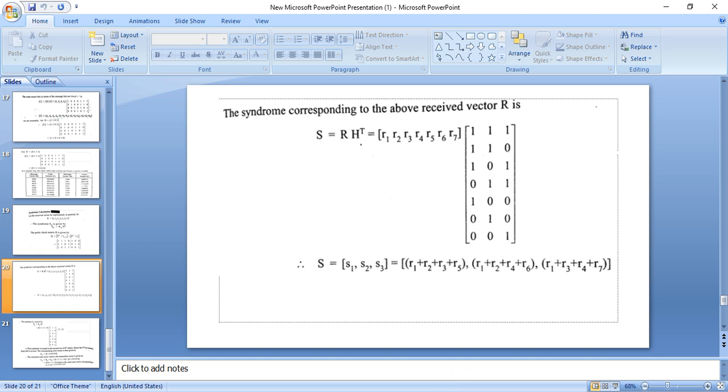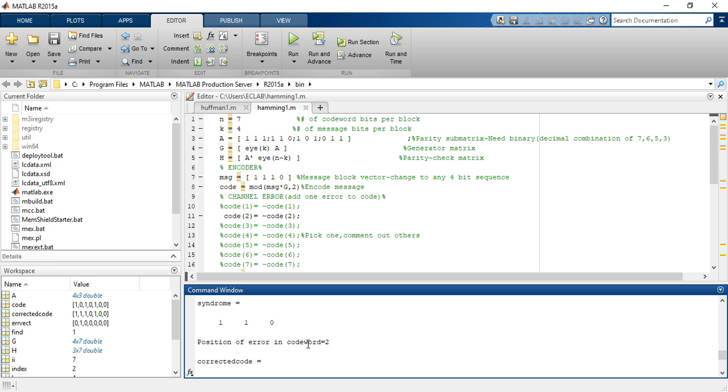That means the position of the error in the code word is 2. So the corrected code vector is obtained by adding that value, and message decoding gives the same as the input message data. So this is about the Hamming code calculation.